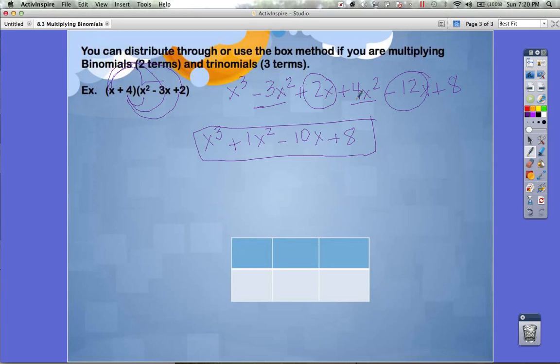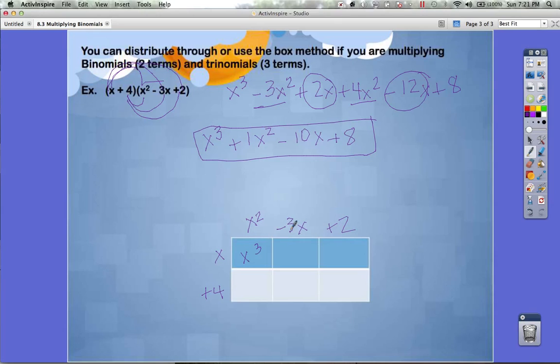Now again, we're going to use the same problem. I'm going to show you how to put it into the box. If you're going to do a 2 by 3, this would be your x, and this would be your plus 4. This is going to be x squared minus 3x, and then your plus 2. And you do just like you did before. X times x squared, x to the third power.